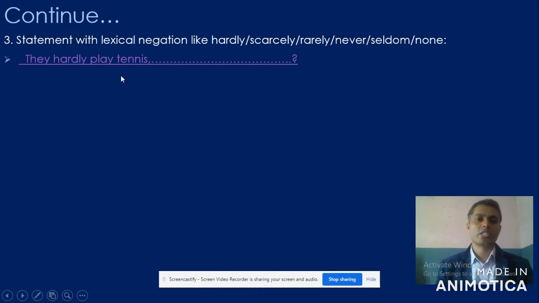You have to compare with this one. So this is a negative statement, you must know that. Other rule I already told you: here is verb 1, so obviously we have to use do. Then the statement is negative, so we have to write a positive tag, do. Then obviously the pronoun must be kept at last: do they. But here the d must be in small letter, because after a comma you always write a small letter. Do they?